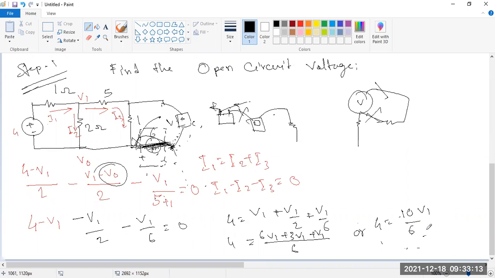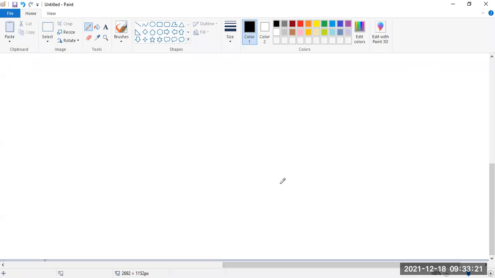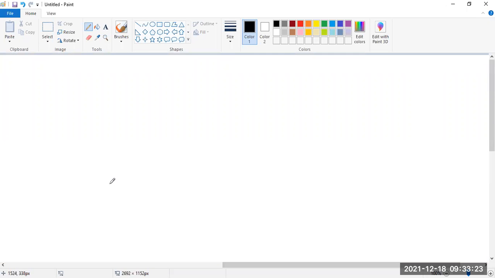So we can say that is 24 divided by 10 equal to V1, or you may say V1 equal to 2.4 volt. Okay, sorry, V1 is equal to 2.4. So this is your VOC, or you may say this is your Thevenin open voltage, so 2.4.